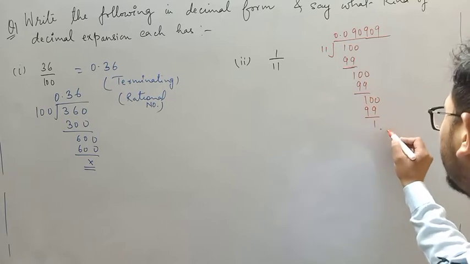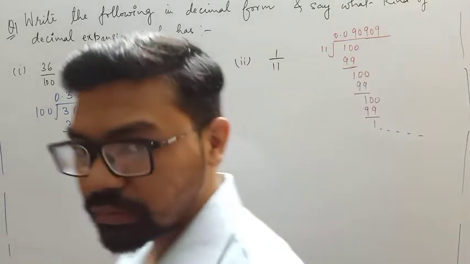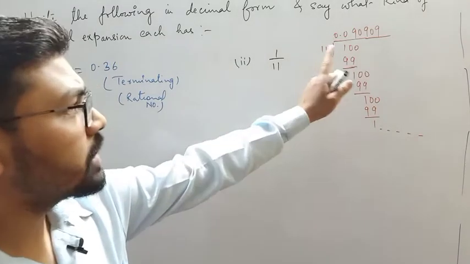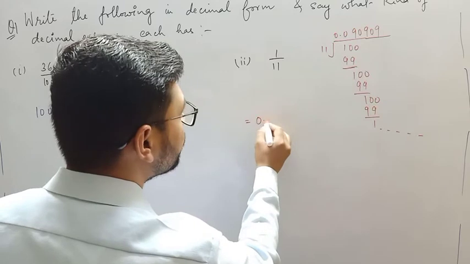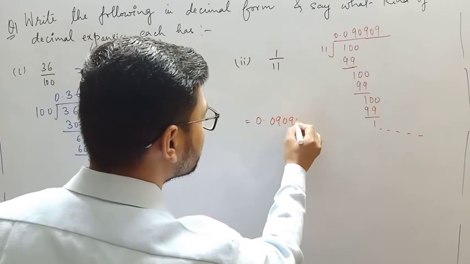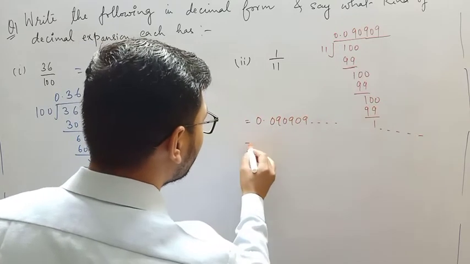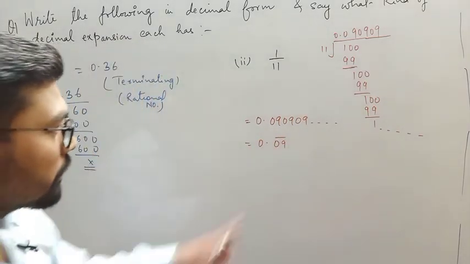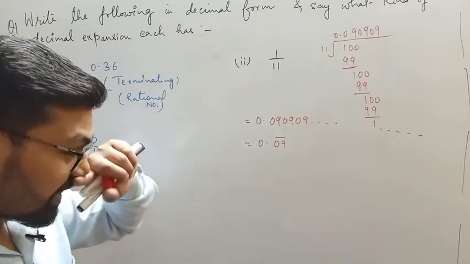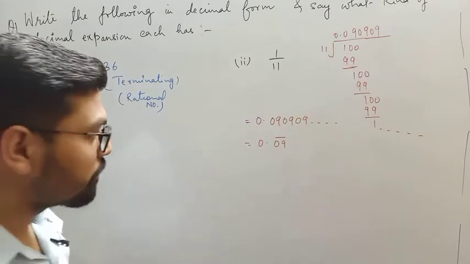In the similar manner, it will go on: 0.090909. So 1 upon 11 can be written as 0.090909 and so on, or I can write it like this, with a bar, because only 09 is repeating, or I can say 09 is a repeating unit in this case.